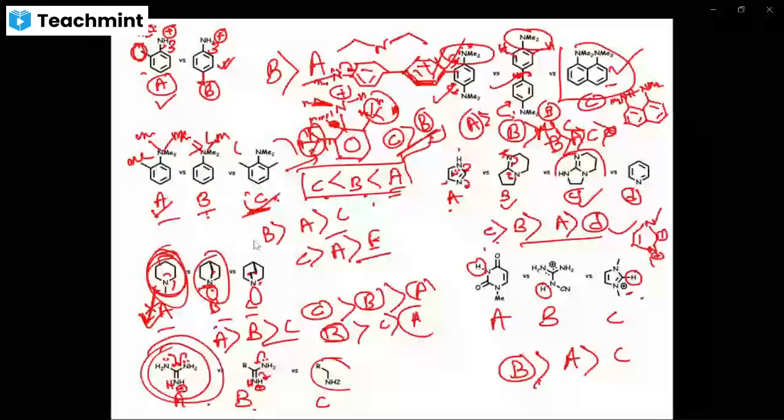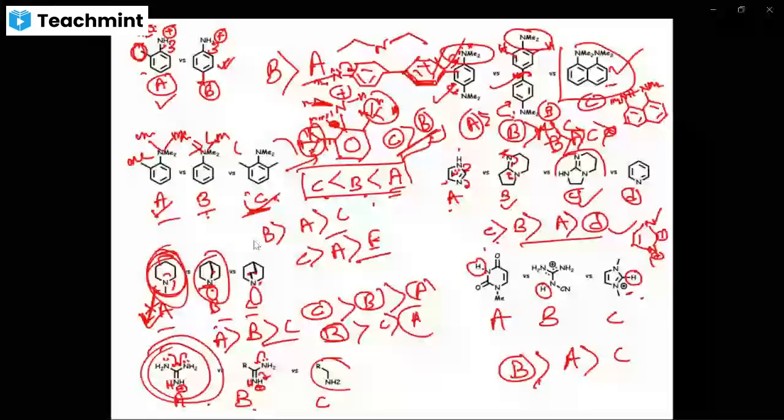So again, we have to look first into the first point. Then we have to follow the hierarchy. First, we have to look into the bond strength, then electronegativity, and then the stability, right? So it is CH bond. CH bond means C is always less electronegative than nitrogen, right?